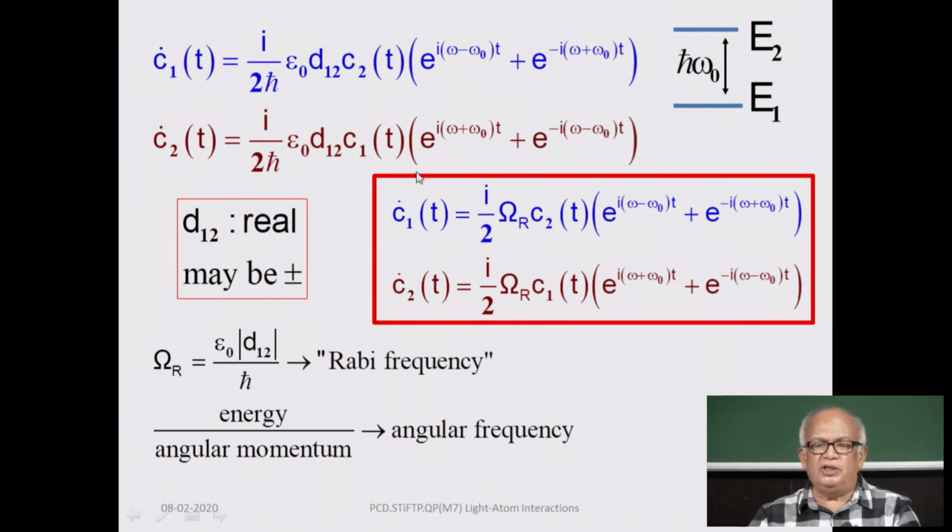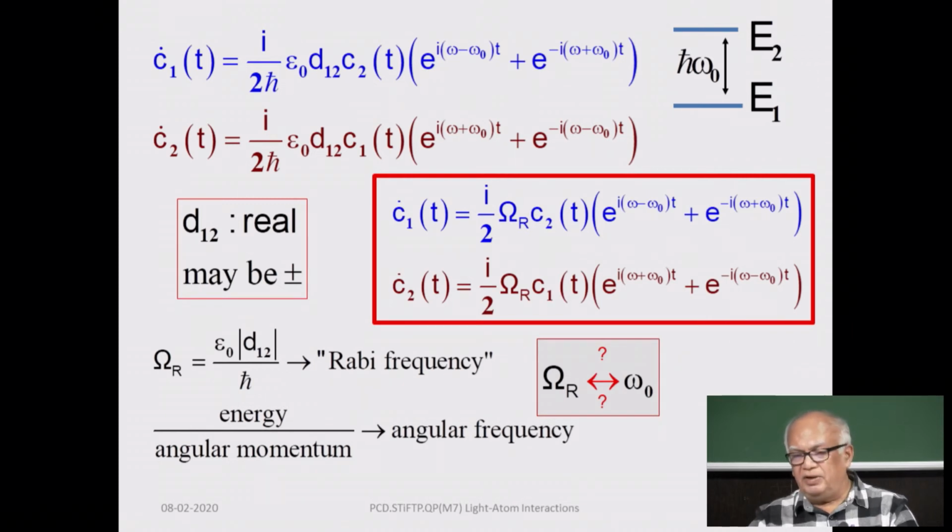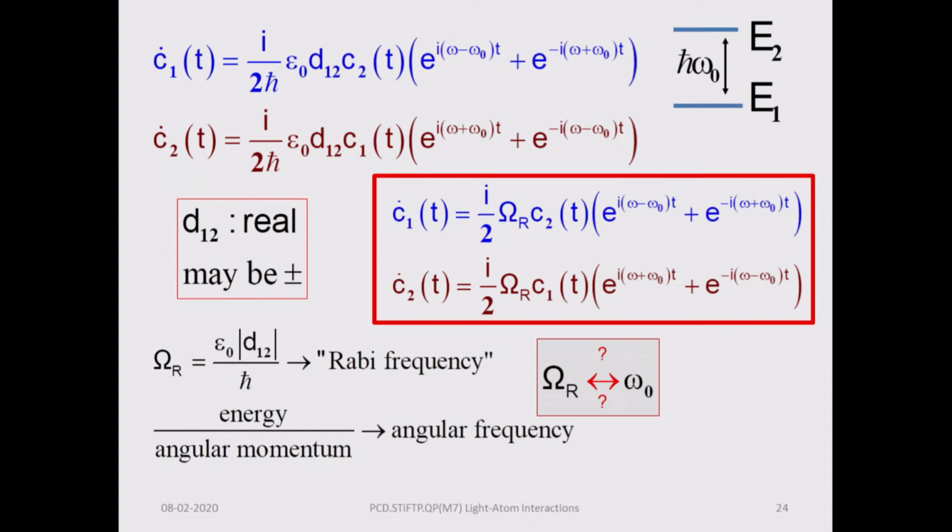So it is the same equations which have been written here, except that we have now introduced what is called the Rabi frequency. And we have to ask if this is going to be the same as the resonant frequency. Is it different? Are there other factors to consider when we talk about the Rabi frequency? We will also introduce what is called the generalized Rabi frequency. So we have to be alert to the details of this particular term. It's going to play a very important role in our analysis.